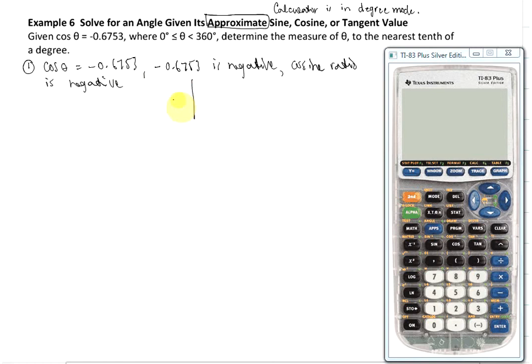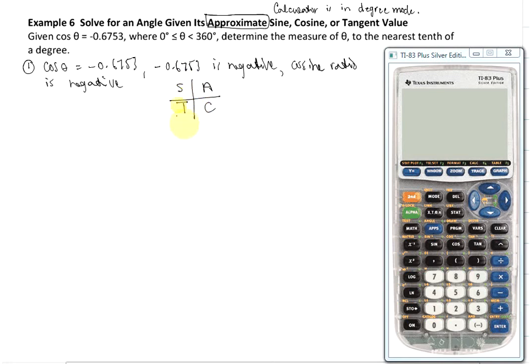All right, so let's draw our CAST diagram. We know that all our trig ratios are positive in the first quadrant, and we can see that cosine is positive in the fourth quadrant. So cos will be positive in the first and the fourth quadrant. Only sine is positive in the second quadrant, so we're going to have a negative cos in the second quadrant.